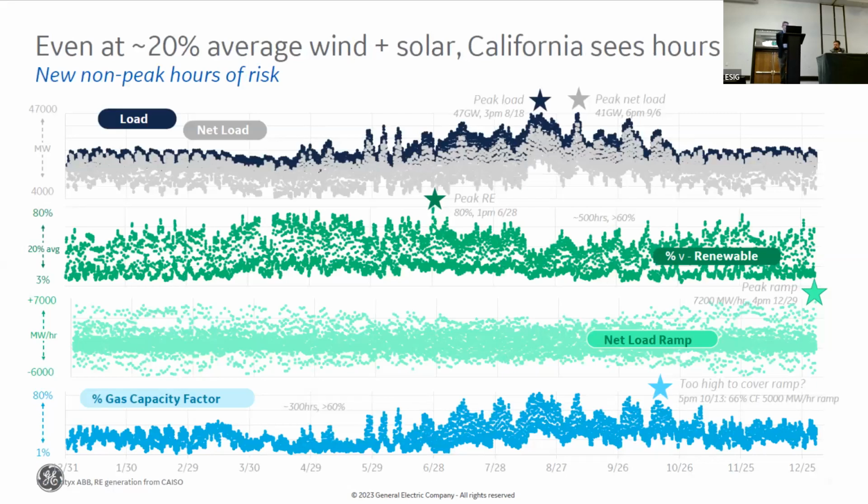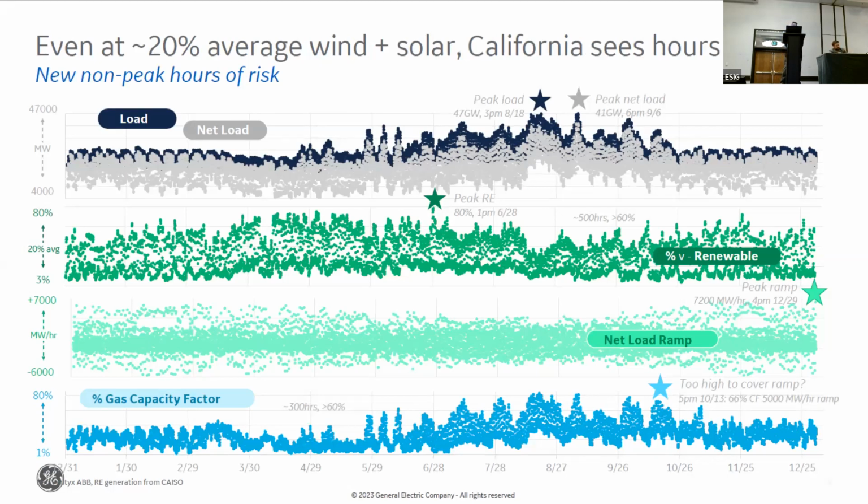Just to give you a graphical representation of some of the issues and why we're all moving towards multiple models. Traditionally, most of the analysis was centered around peak load.